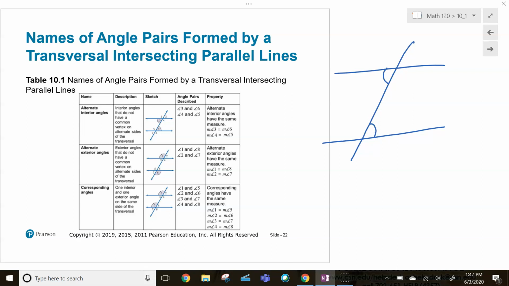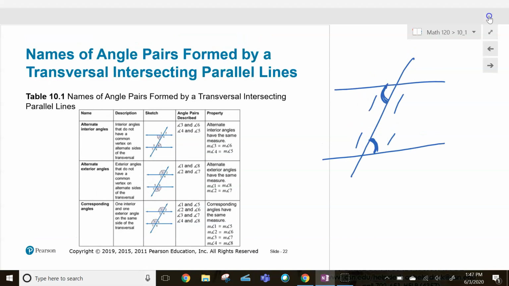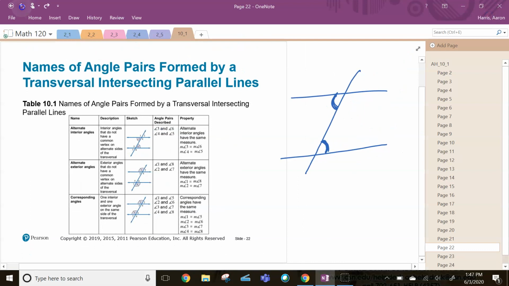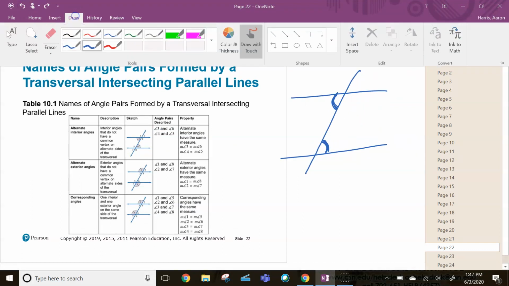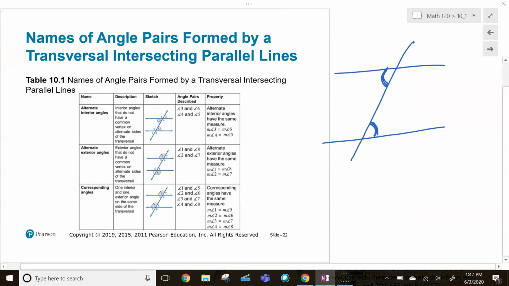Notice they're alternate, meaning on opposite sides of the transversal, but they're on the interior part of it. Two more alternate interior angles would be right here, that one and that one. Again, these would be equal.